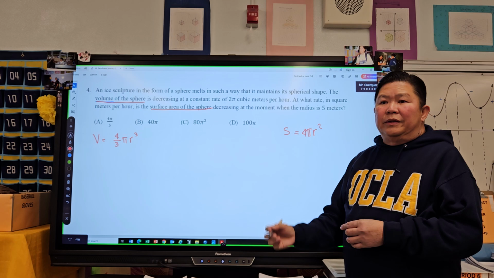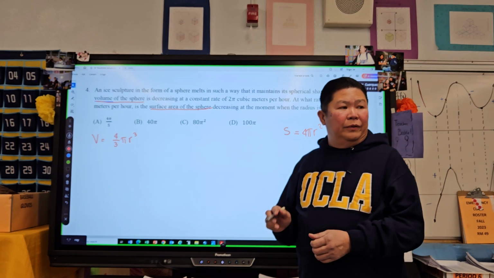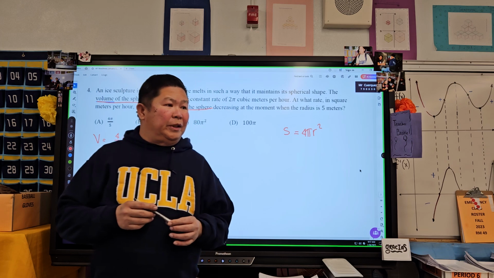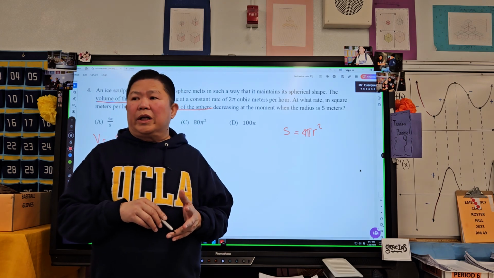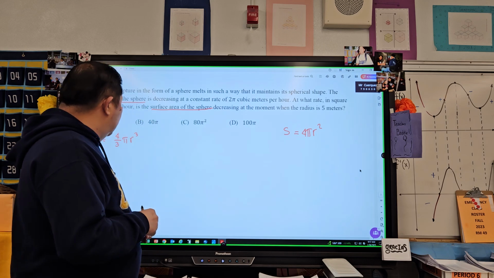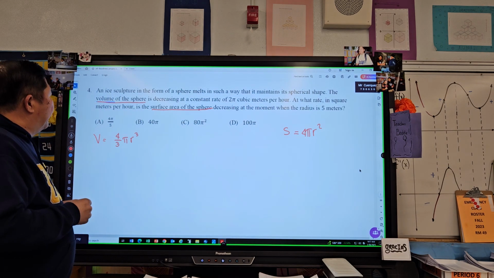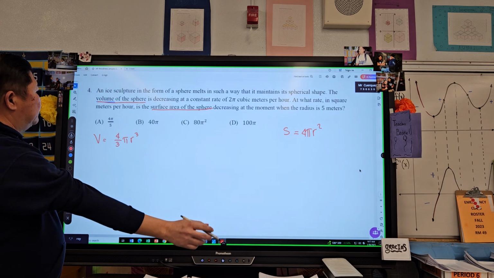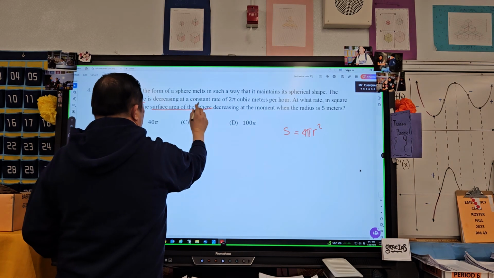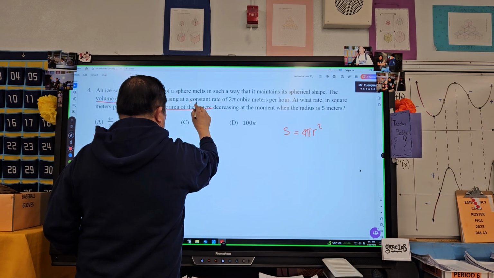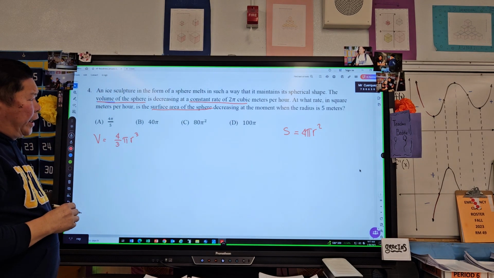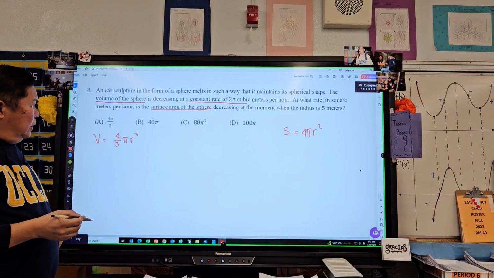Starting tonight, we're going to review all those formulas in geometry: the sphere, the circle, the cube. So first, the volume has a constant rate of 2 pi cubic meters per hour.